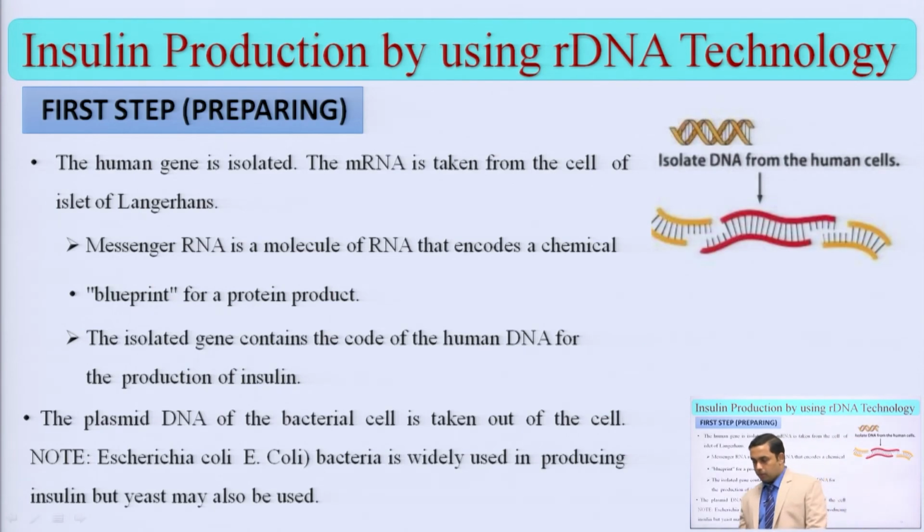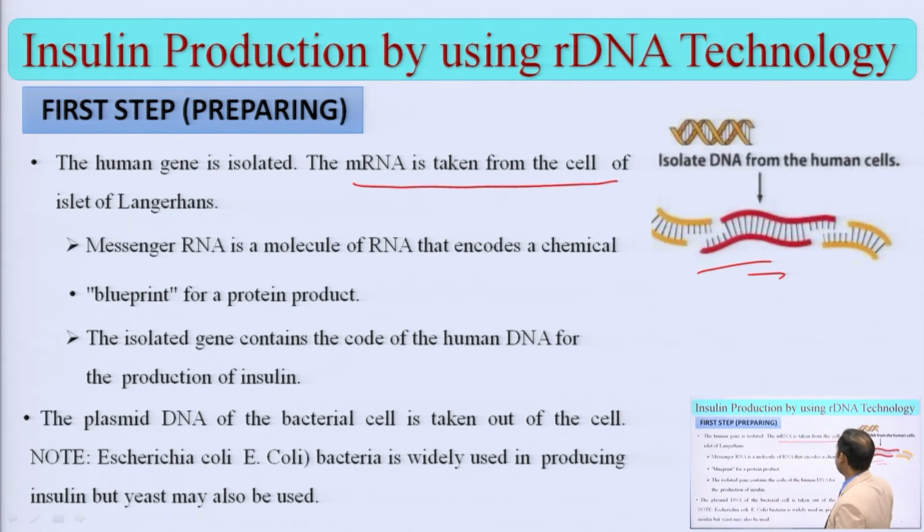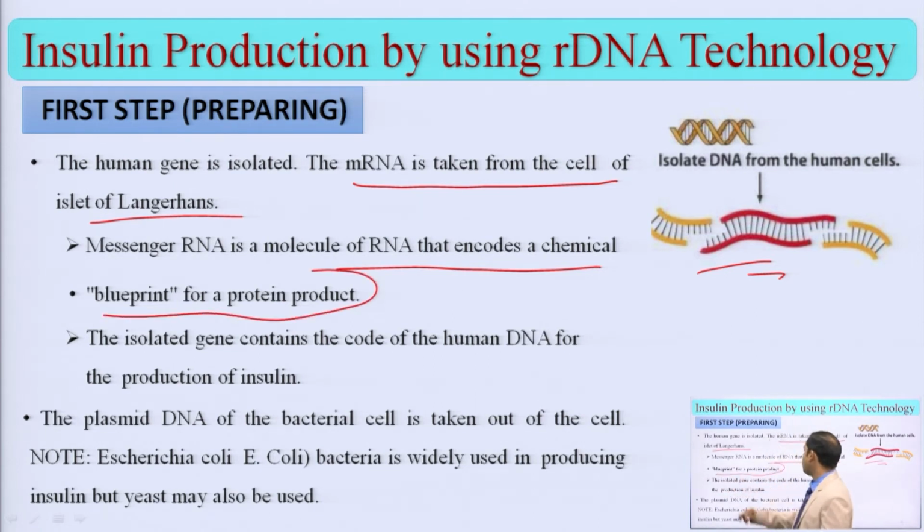Now, if I tell you step by step, the first step is preparing, where we are isolating the DNA from human cells. Okay. The human gene is isolated, and the mRNA is taken out from the cells to isolate the islets of Langerhans. The messenger RNA, that is mRNA, is a molecule of RNA that includes the chemical blueprint for the protein product.